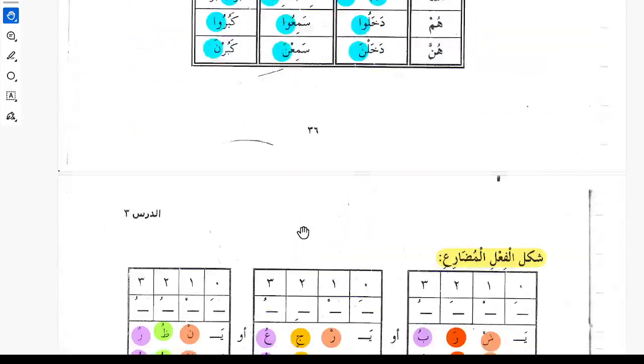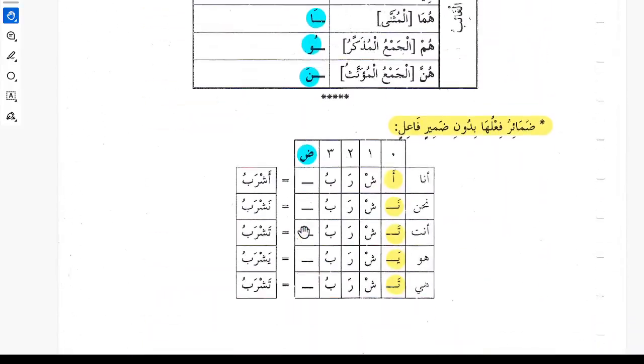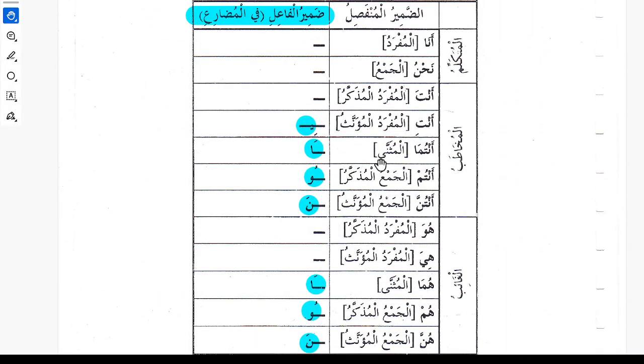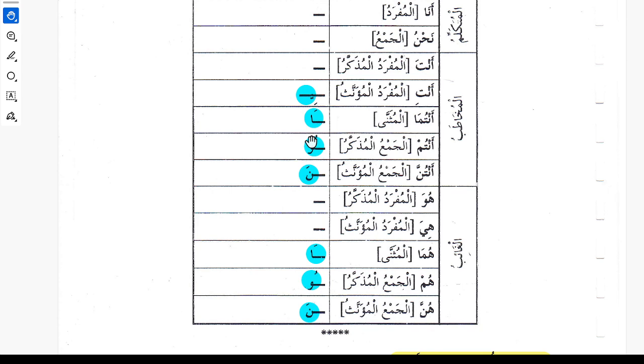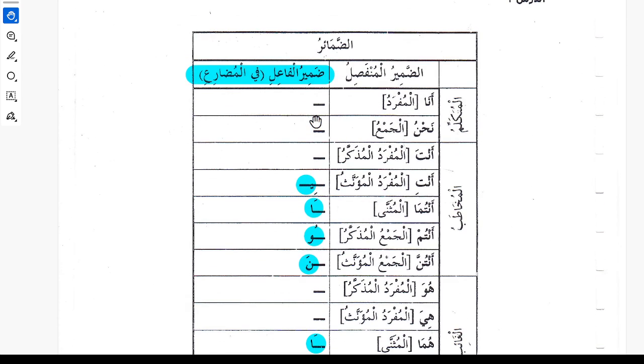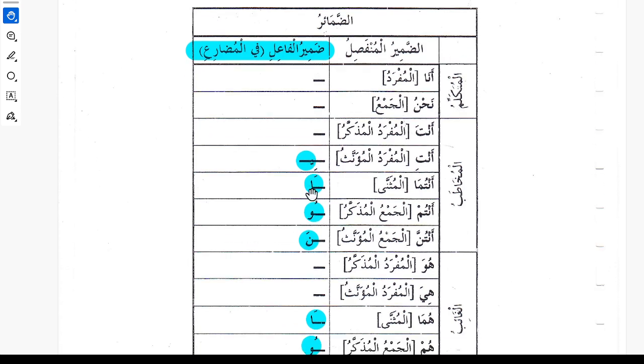But in the case of present tense, not many, like even ana does not have its pronoun, nahnu does not have its sign, the damirul file that will show you that okay, this is the file. So only these ones have a damirul file. Only these have the pronouns which are visible.